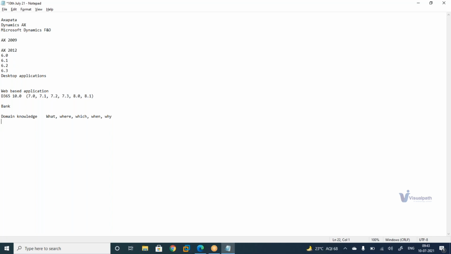What does it mean? Suppose in Dynamics AX you want to create one vendor invoice, one transaction. To create a vendor invoice, there are 4 different forms in the system. Why were 4 different forms given for the same vendor invoice? You need to understand the purpose. Suppose sales order, packing slip, invoice.